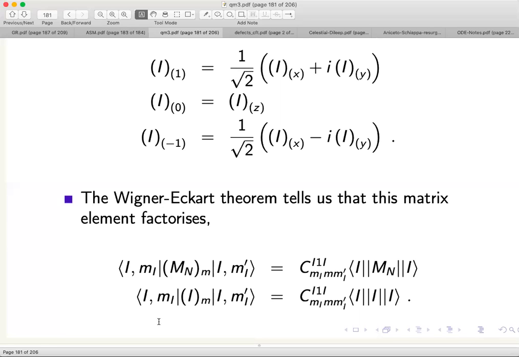Otherwise, the matrix element would just vanish. Besides that, the angular momentum addition also needs to work. In our case it is easy because I1 does factorize into I, but you may have something like I plus 3, 1, I, and that clearly wouldn't factorize.